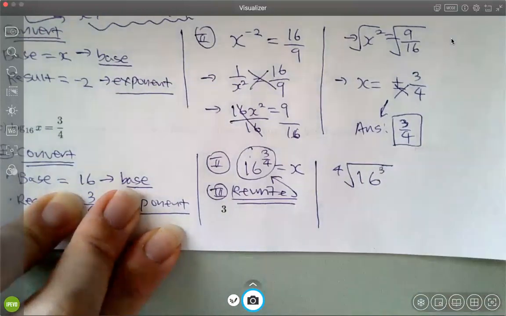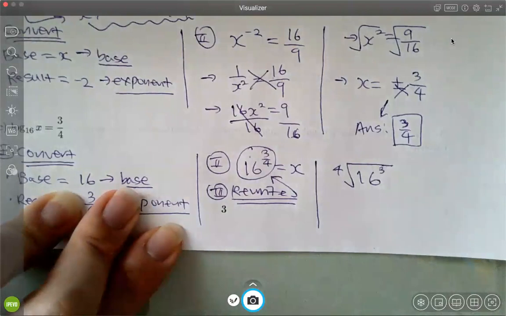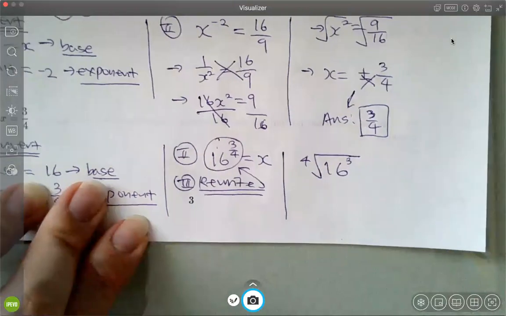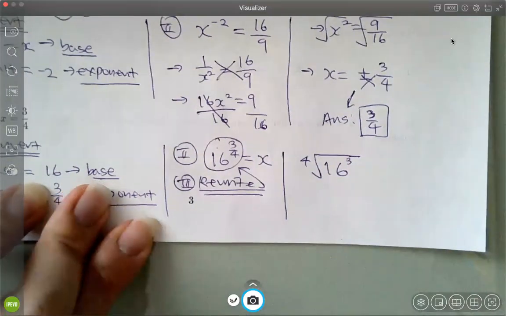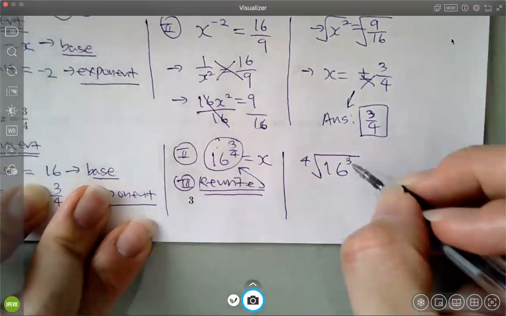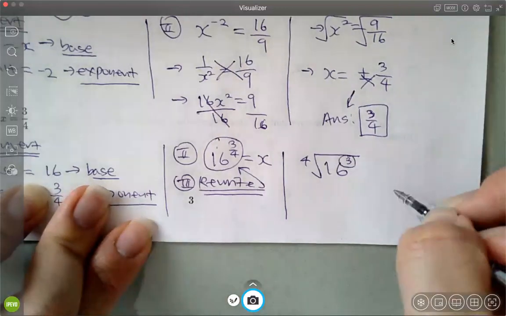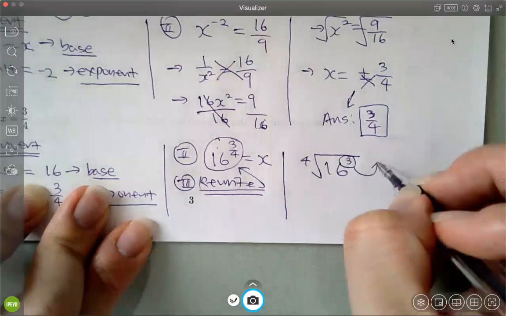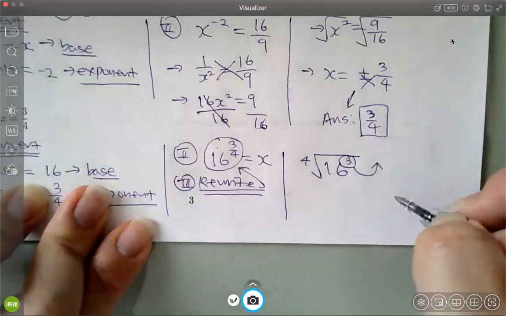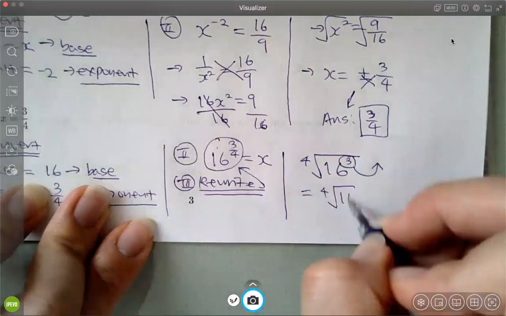And now, do you have to compute 16 cubed? No. What do you have to do first? What can you do on that exponent 3? Remember that? So we have the fourth root of 16 to the power 3, right?